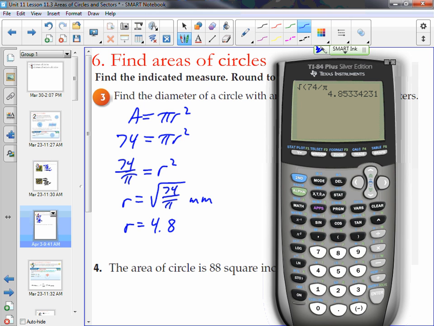So don't do the rounded off radius times 2. Do what's on your calculator times 2. A lot of the time, it won't make any difference. Some of the time, it will. It does here, doesn't it? Okay? So 9.7 millimeters is our diameter to the nearest 10.